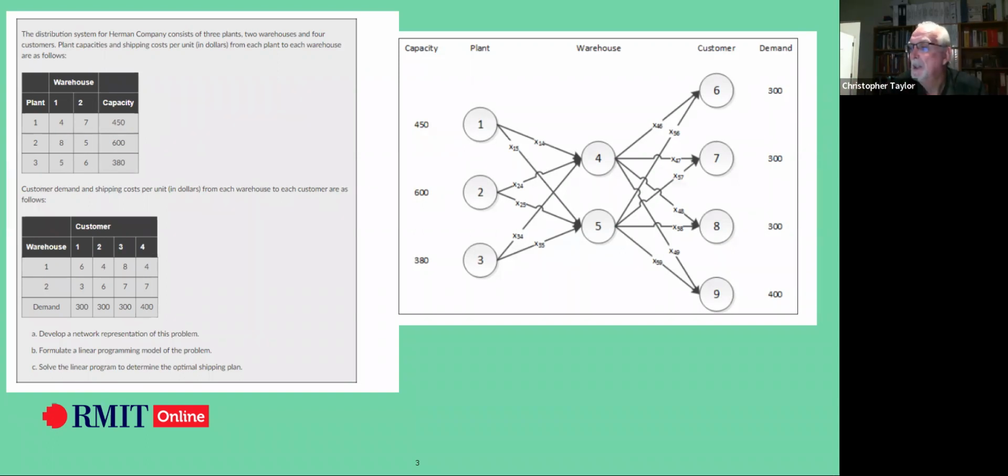Similarly over here, we've got 4 to 6, which is X46. And then we've got X47, X48 and X49, and then 5 similarly goes the same ways.